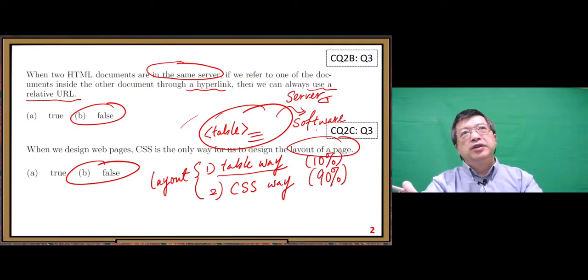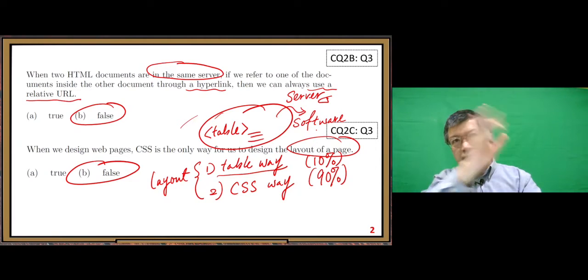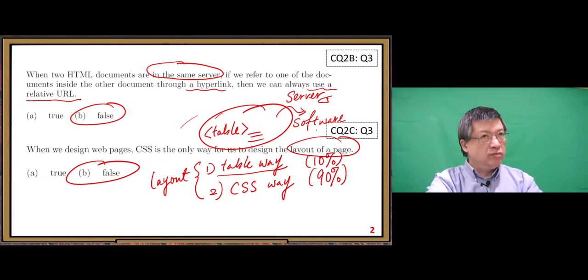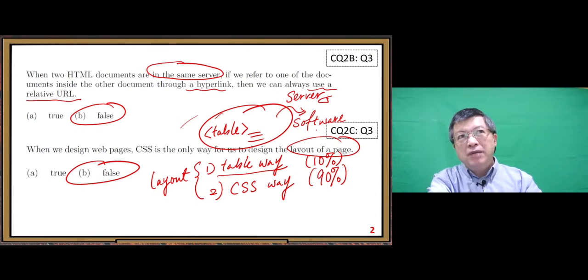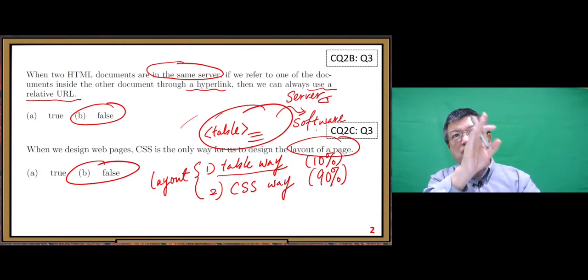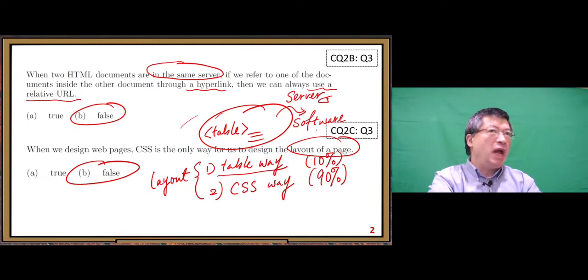That's the extreme case. So definitely we want to avoid that, but sometimes the table way can provide some convenience. That convenience you should not avoid.